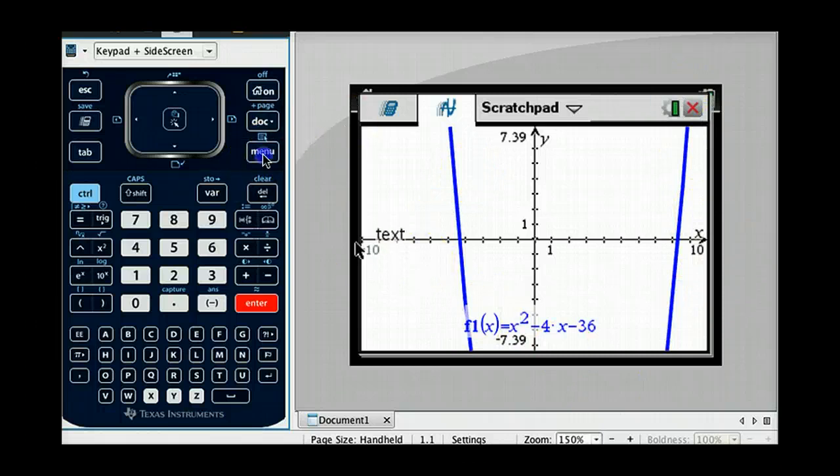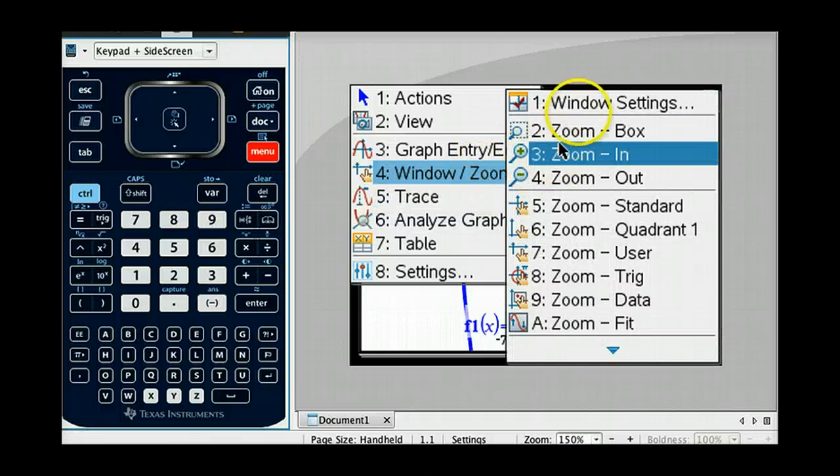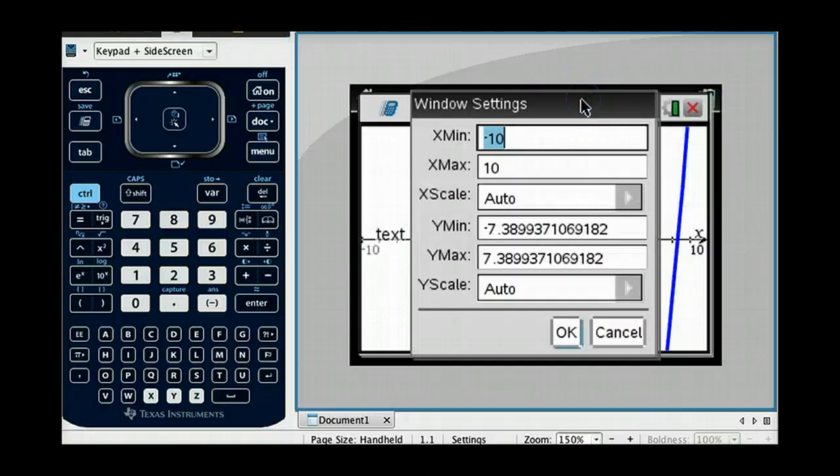So what I want to do is go to Menu, I want to go to Table, and I want to go to Window Settings. So I told you the x minimum should be -20, +20, this should be 50, and -50, and those are the layouts I gave you. So you have to make sure that the window settings is set correctly.